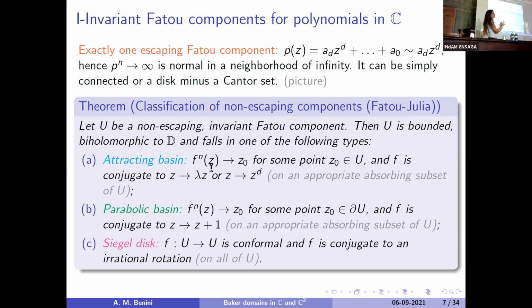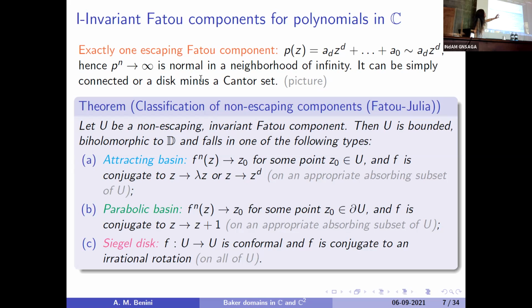And you have a different point of view in which you want to look at the geometry or the topology of these sets. What happens in the polynomial case is that when you look at your neighborhood of infinity, you have a very special normal form. Your function, up to a change of coordinates, is really the function z to the d, which is basically the one we saw in the very first example.